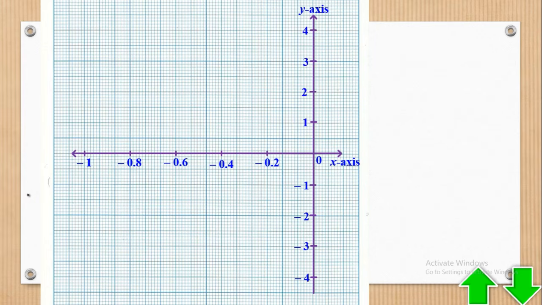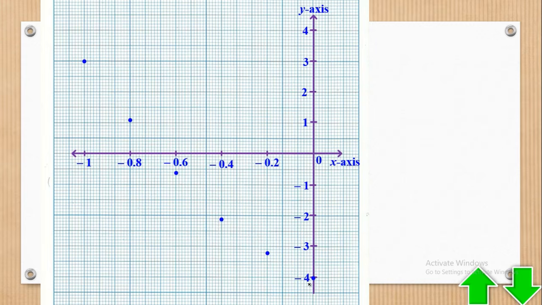Then we start plotting. When x is -1, the y value is that, -0.8, y value is that, -0.6, that, -0.4, that, -0.2, that, and lastly 0, y value is that. So next is to draw a smooth curve through all these points.